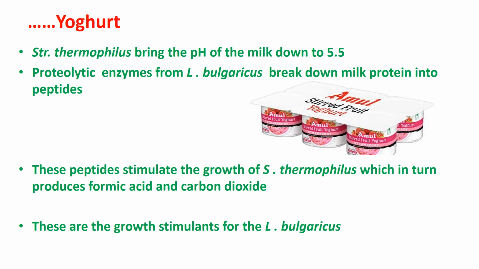Now these peptides stimulate the growth of Streptococcus thermophilus again, which in turn produces other compounds like formic acid and carbon dioxide. Now these two components further stimulate the growth of Lactobacillus bulgaricus. That is how these two organisms alternately help each other and continue their growth, and fermentation proceeds.